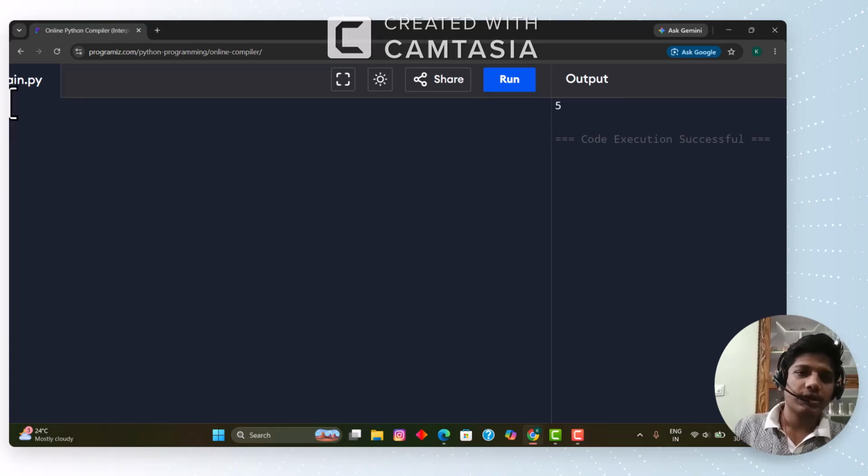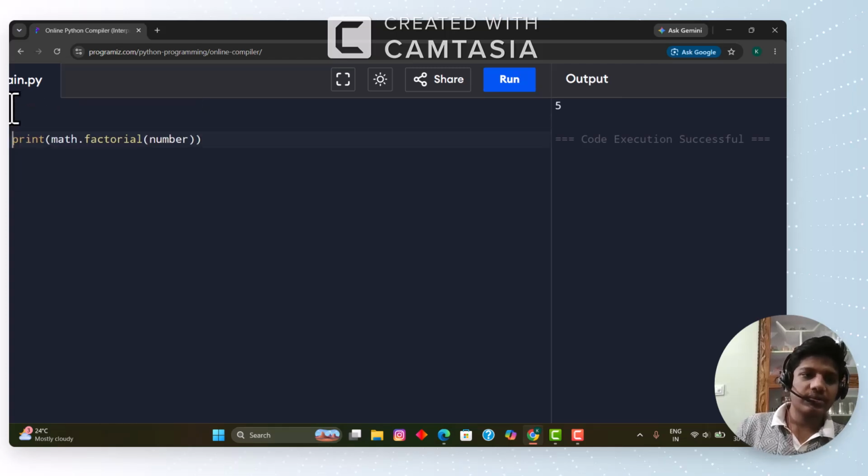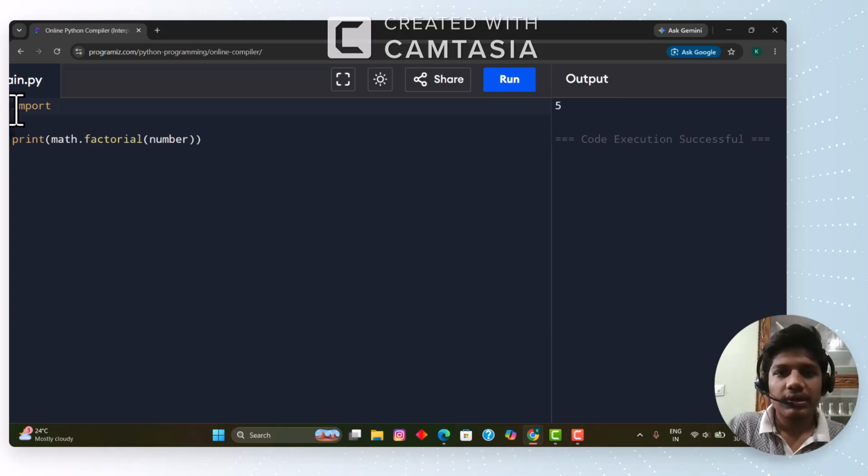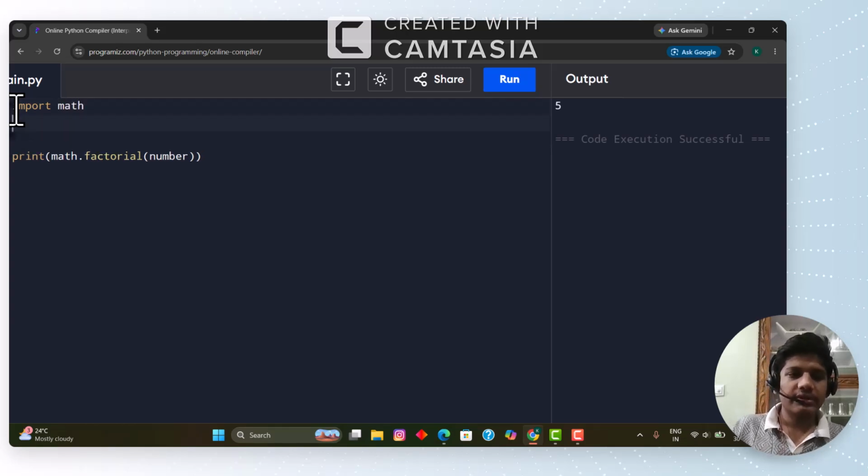But now when we import the math, that is enough, because when we import the math, factorial is one of the functions for finding the factorial of a number. So import math, and after that math.factorial of a number, which you have to enter here.